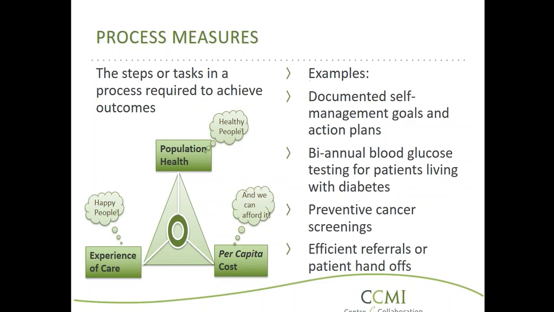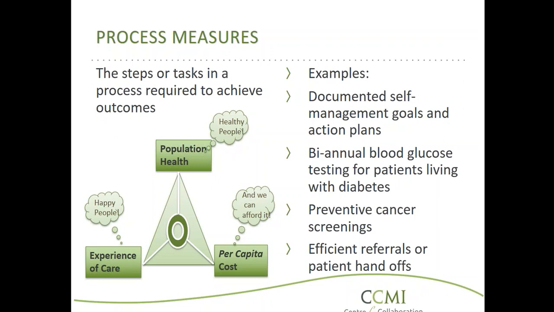When we talk about process measures, these are the steps or tasks that are required to get to your final outcomes, your goals. So examples would be, well, I use documented self-management goals here also because in this case, that is a process measure for getting to the goal of improved patient confidence, improved patient self-efficacy.